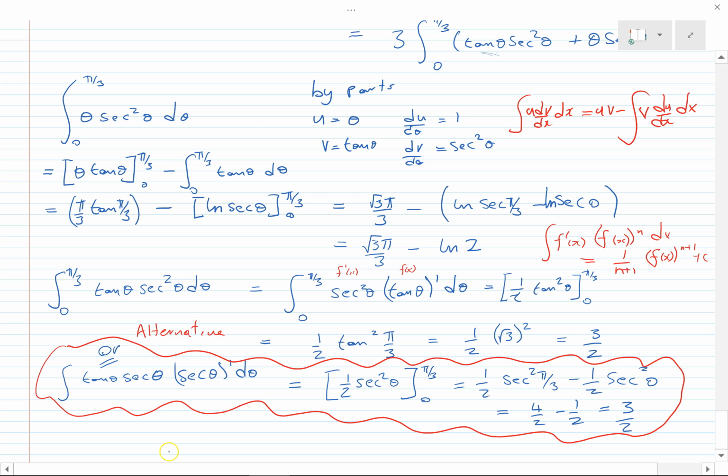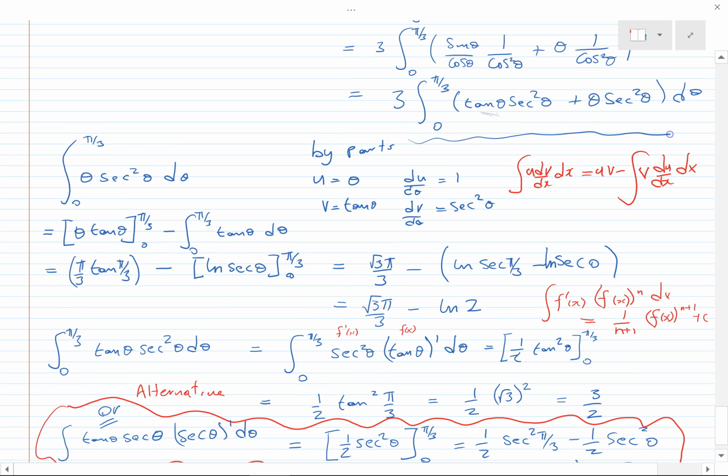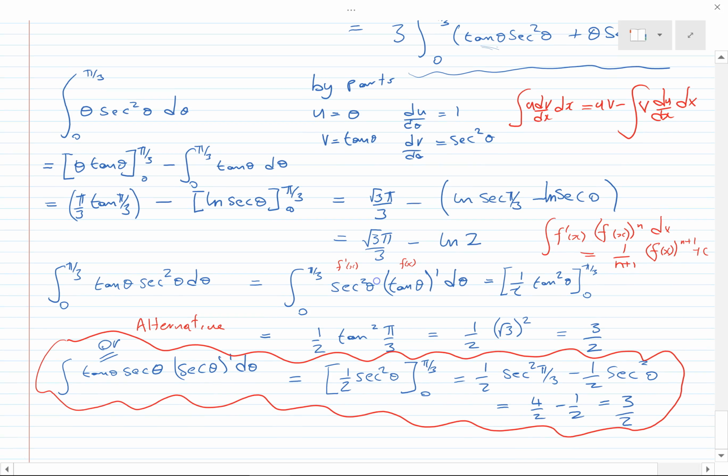Anyway, I went to town on that a bit and almost forgot what the question was, which was to find the area. So let's bring this all together. The area equals 3 times the integral from pi over 3 to 0 of tan theta sec squared theta d theta, plus 3 times the integral of sec theta d theta.